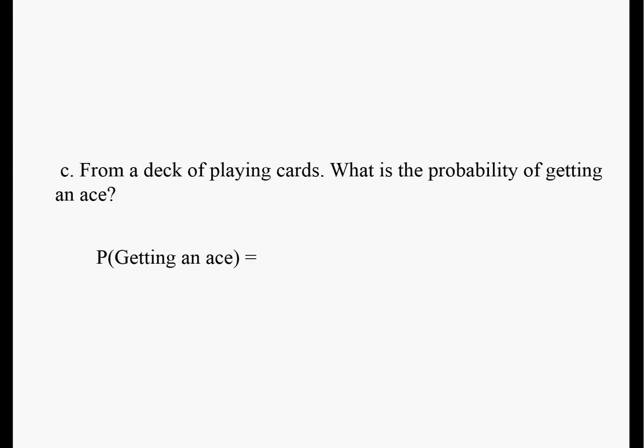And how many ways to get an ace? 4 ways to get an ace. Therefore, the probability of getting an ace from a deck of playing cards is simply 52 as the denominator and 4 as the numerator. Okay. 4 over 52. After that, you simplify to 1 over 13. We can just keep this as a fractional number to express probability.